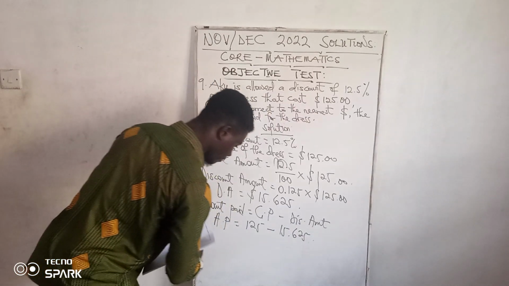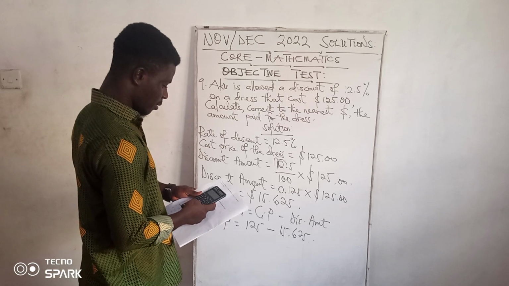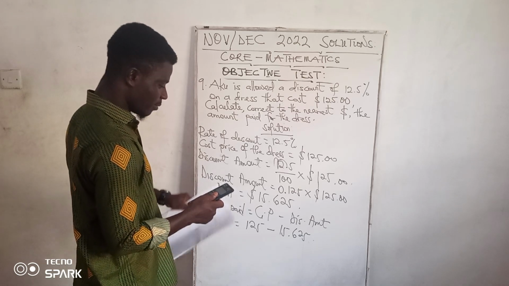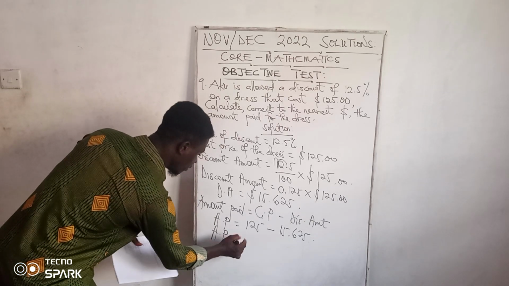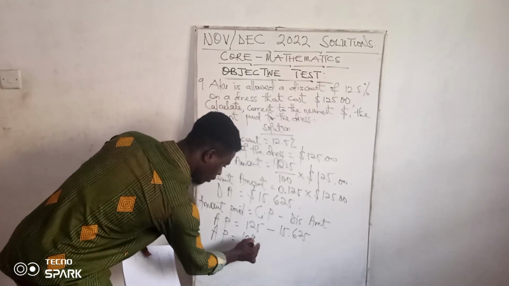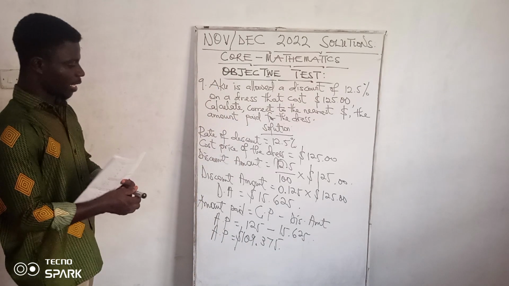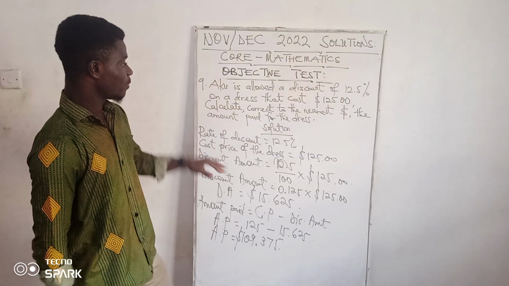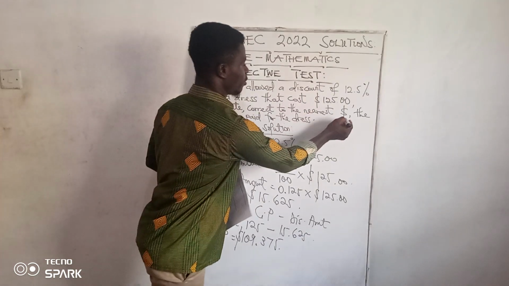So now let's see. 125 minus 15.625, so I get my amount paid, which is $109.375. But this time around, they say calculate correct to the nearest dollars.